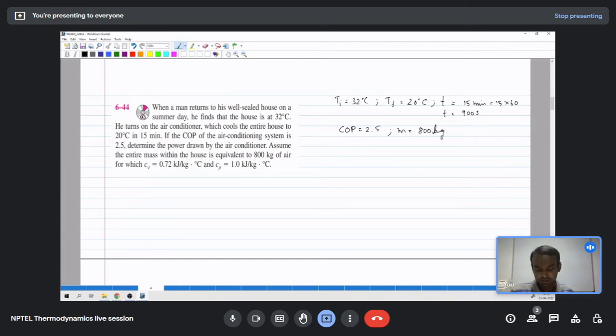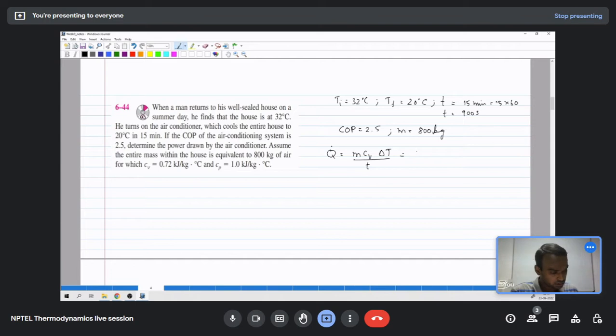And CV and CP of the air is given. So this is a well sealed house, so it is a constant mass system, and the heat to reduce the temperature of the constant volume system, we have Q is equal to MCV delta T. So now we can calculate the rate at which the heat has to be transferred. So Q dot is given by MCV delta T by time.